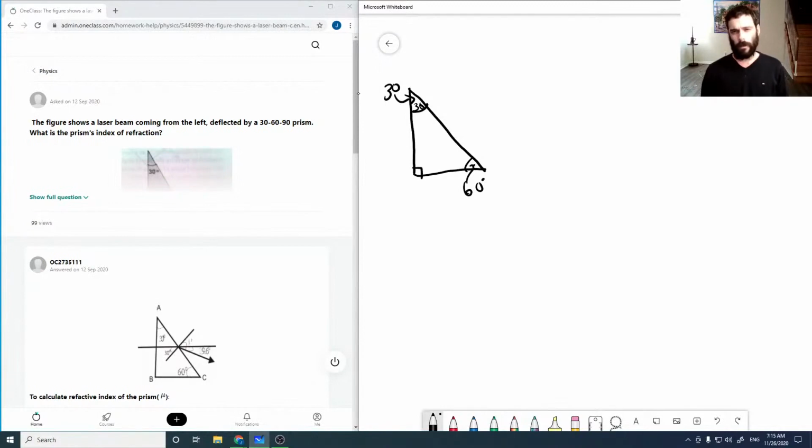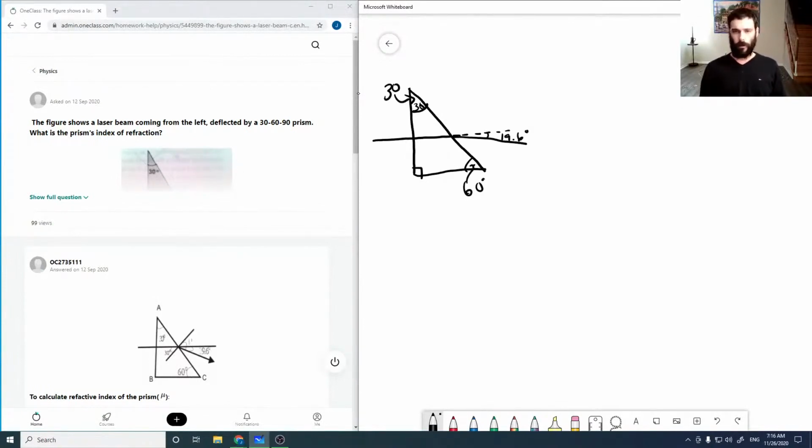Okay, so we have a laser coming in from the left, which then would go straight if there was no difference in refractive index, but it instead bends by 19.6 degrees. And it wants to know what is the prism's index of refraction.